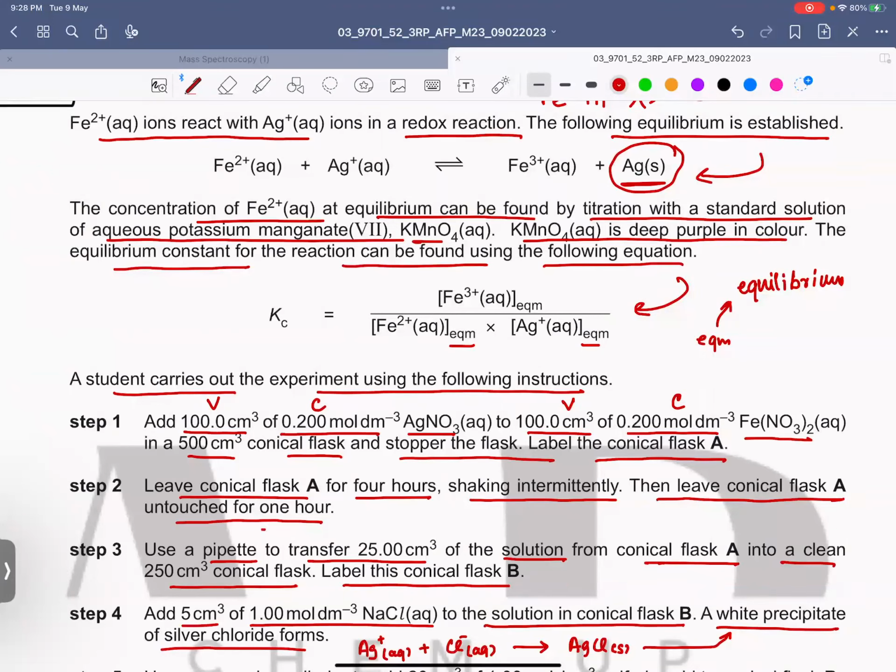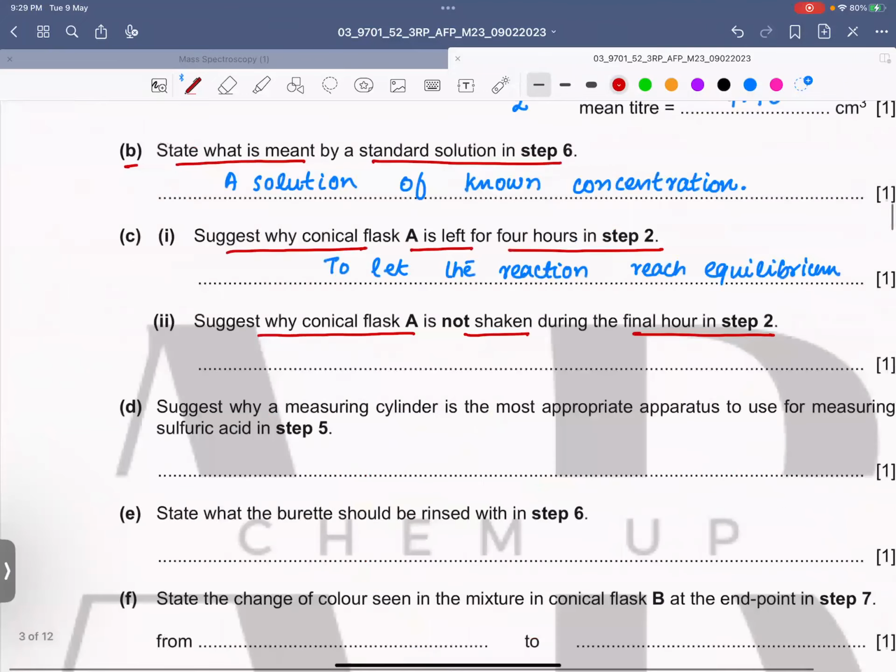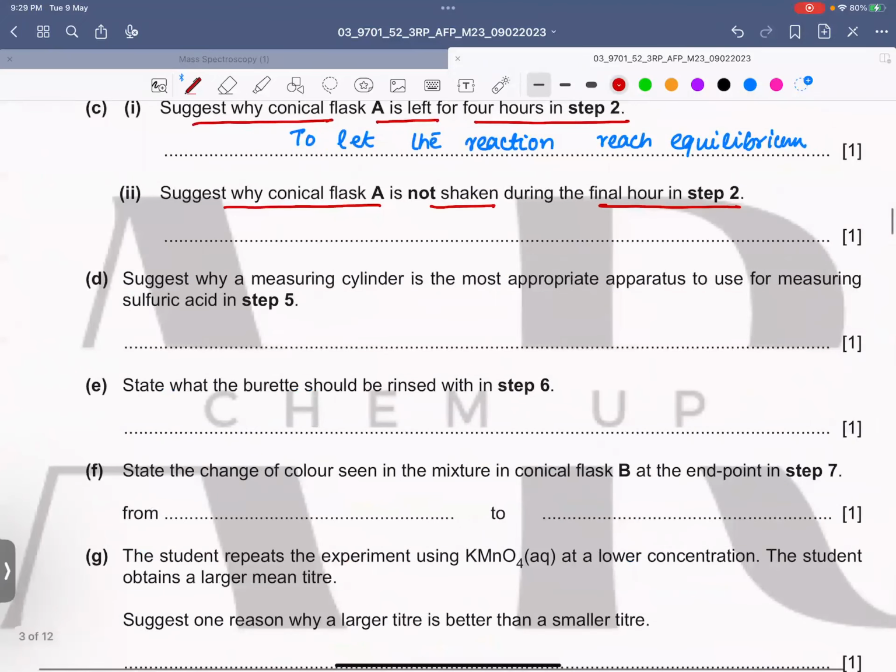So for the last 1 hour, we keep it untouched to make sure that all the solid is settled down. Otherwise, we are taking out this 25 cm³ from flask A into flask B, and if the solid has not settled, then flask B would have solid particles of the silver as well. So that's why we keep it for 1 hour untouched.